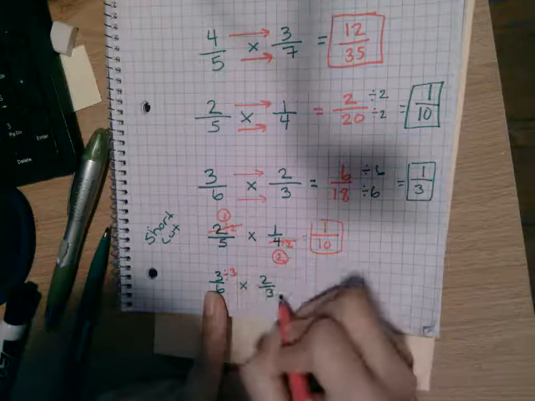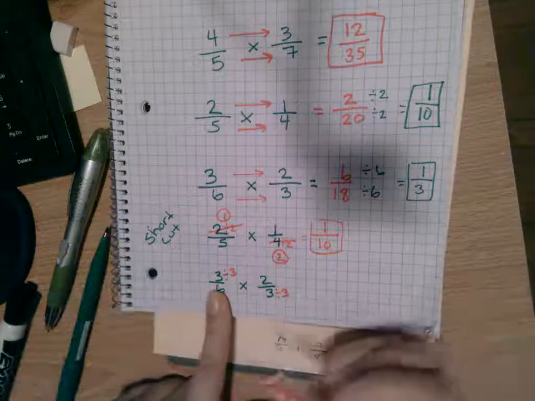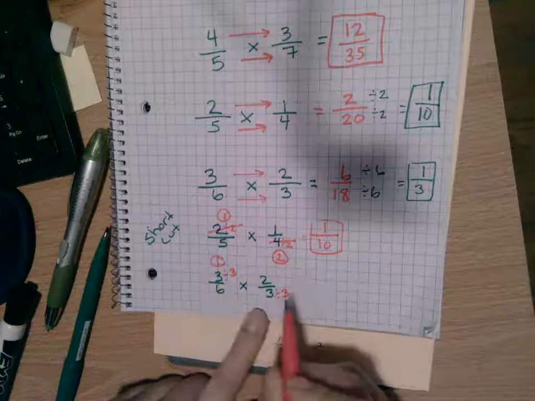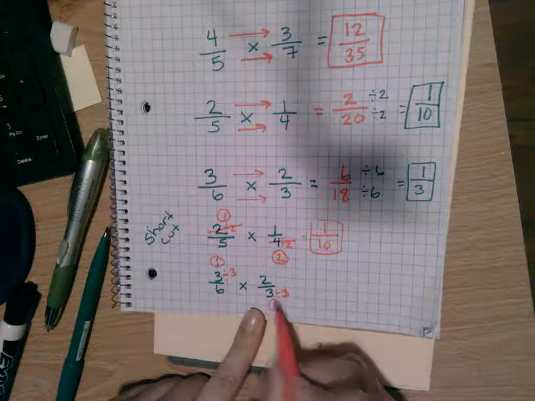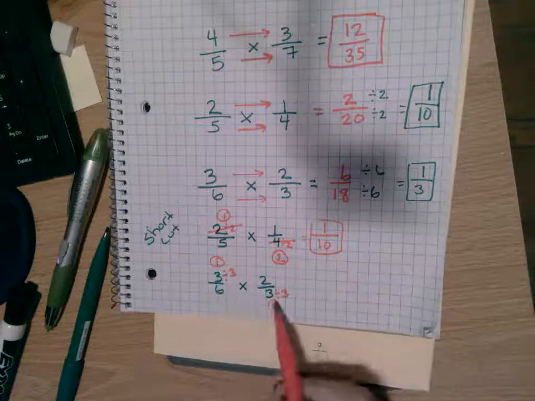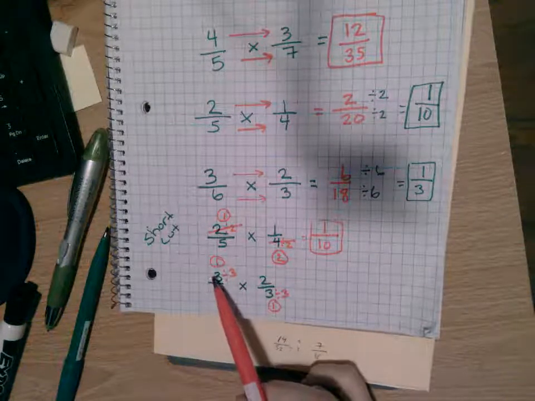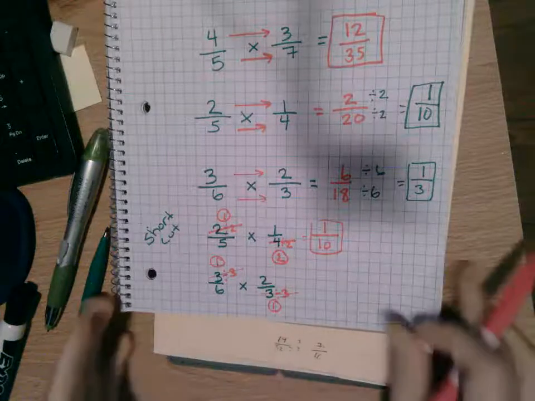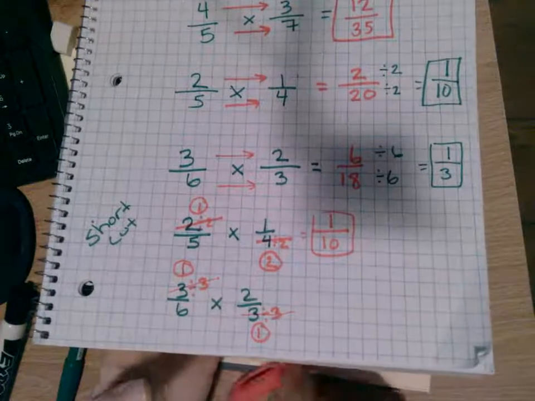So I can divide by 3, right? 3 divided by 3 is 1. 3 divided by 3 is 1. So I'm simplifying the corners. This gets crossed out. We no longer use it. Now I'm going to check my other corners.